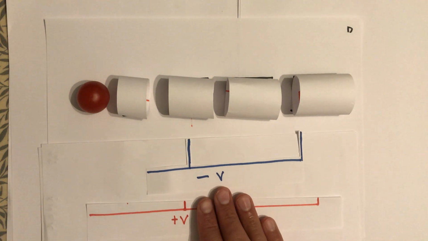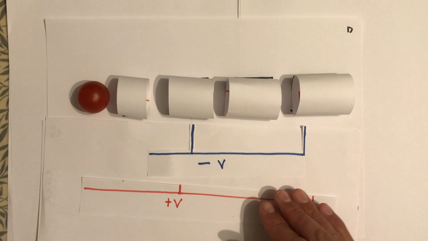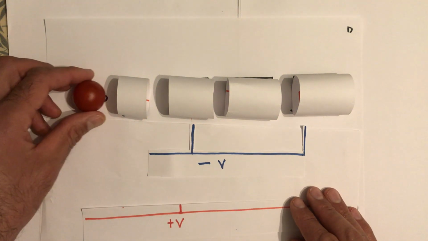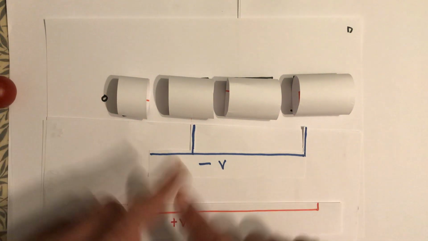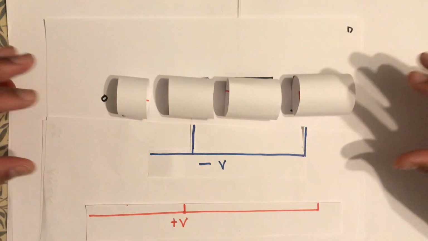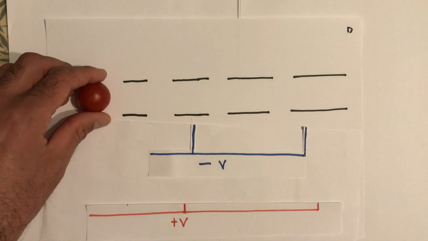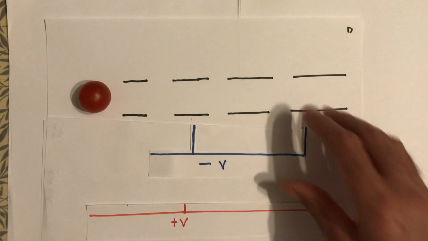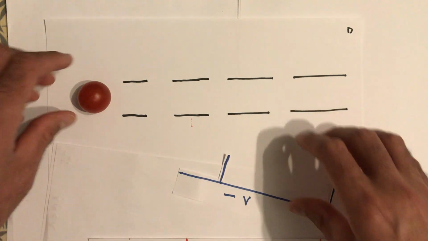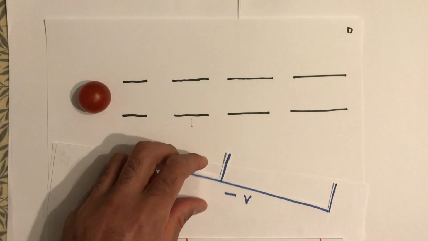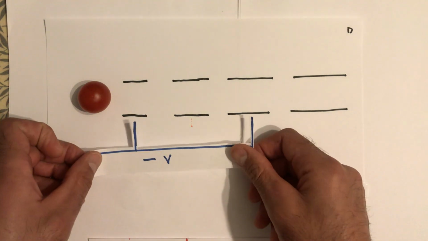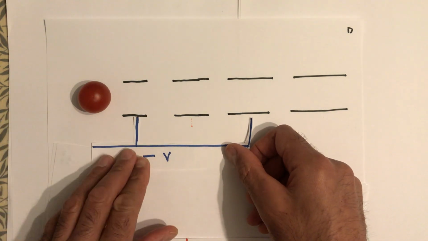Now, so what happens is, let's say we're starting off with a proton. So it is all hoops and it is all evacuated, but let's just keep it simple. So let's say I'm starting off my proton here. Now, I need to accelerate it from whatever the source of the protons is. I need it to come towards the first thing. So what I need to do is have a negative voltage.